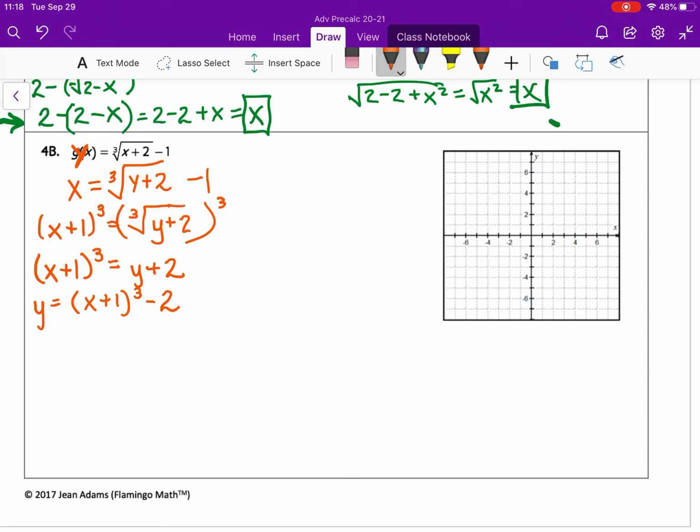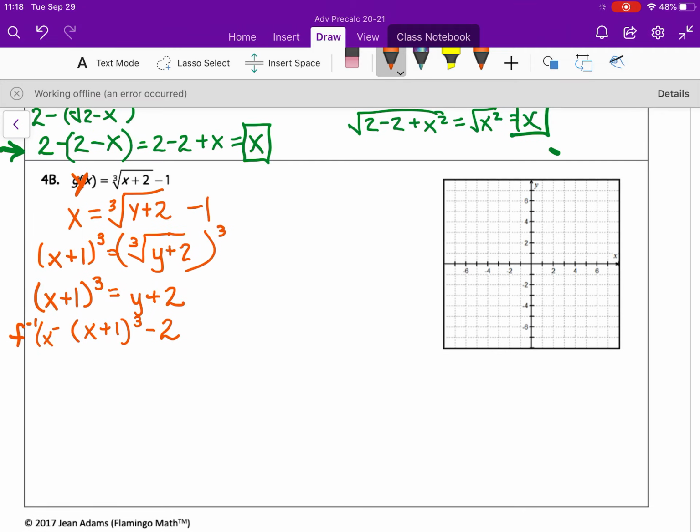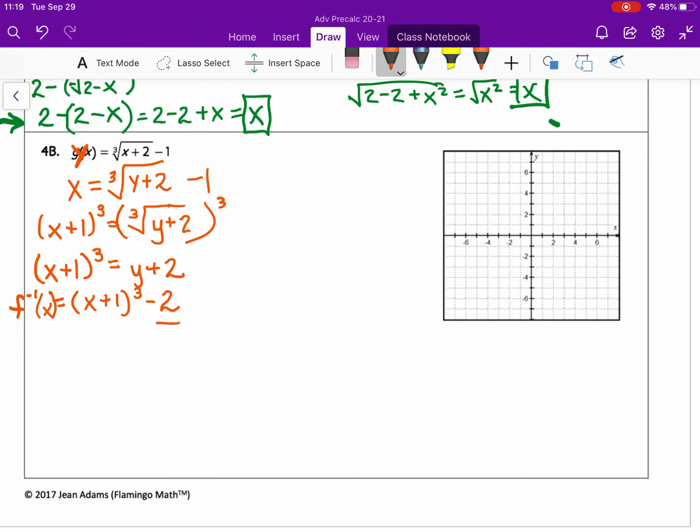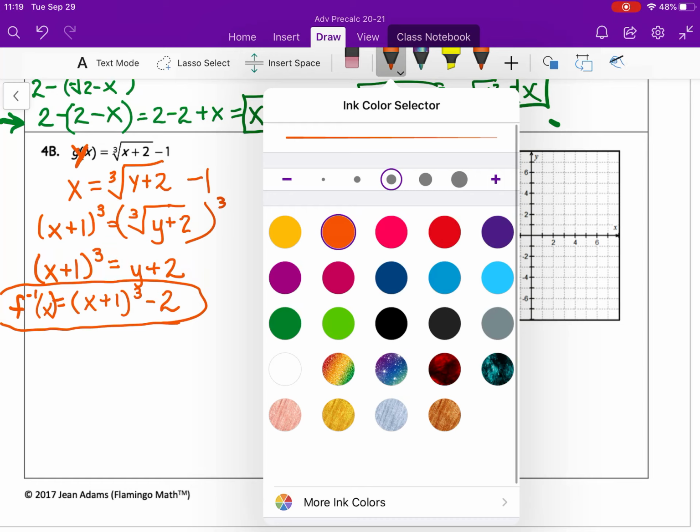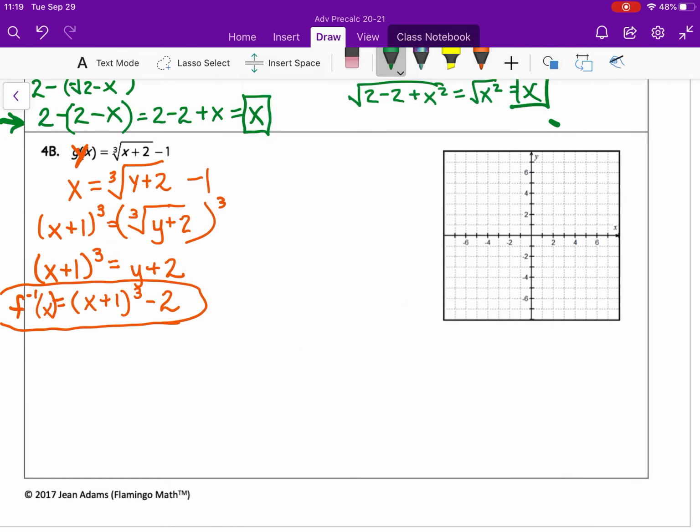So I have y equals x plus 1 cubed minus 2. If I'm being really proper, I change that y to f to the negative 1 of x equals, remember that's the same thing. So this is my inverse.